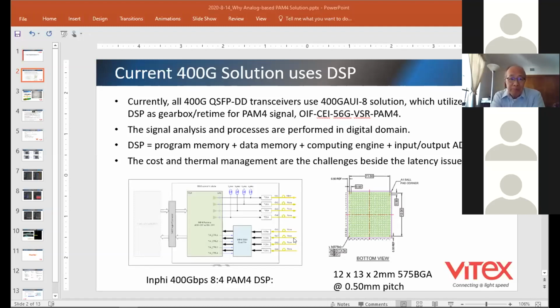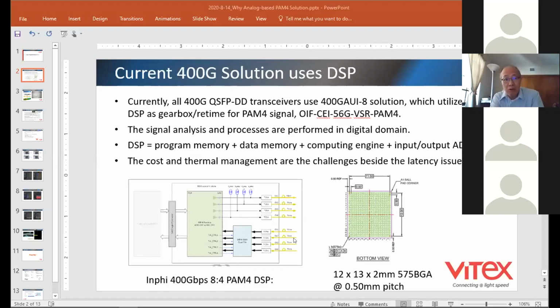So, moving back to the left side, the block diagram, you can see it's very typical, right? A channel coming in at 26 gigabytes, and there's a translation in this particular DSP to down-convert it from 8 to 4.